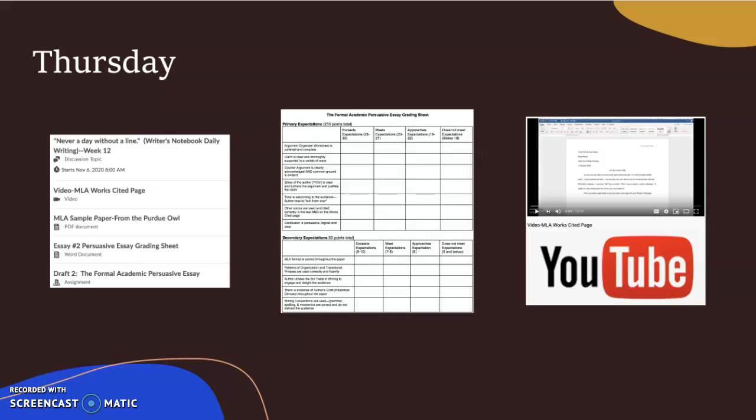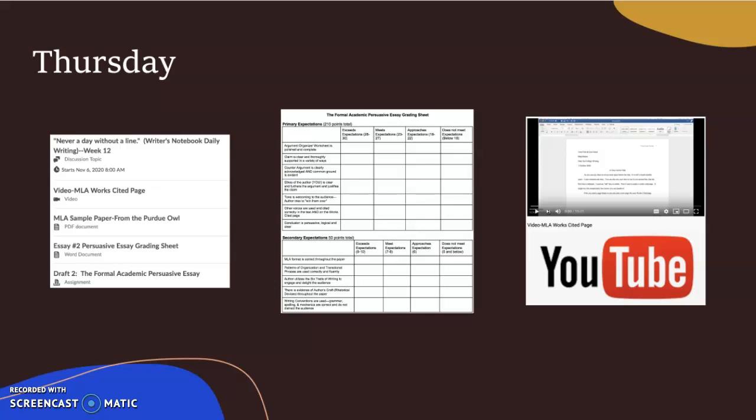So the farther you can get in your draft, the more finalized you can get your draft by Friday, the better it will be, because then your feedback will be even more helpful. We do have a third draft that we will be doing next week, so it won't be your final draft, so you'll still have a little revision left. But I would definitely take your time with this.